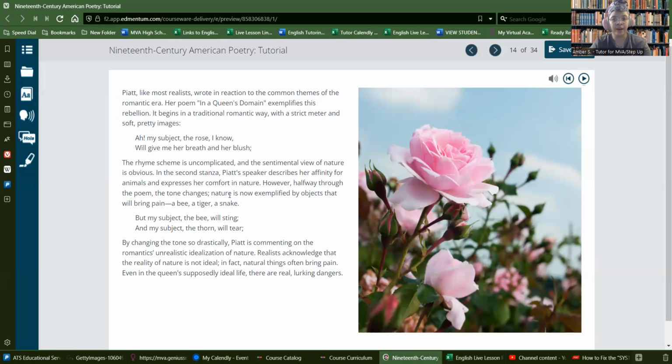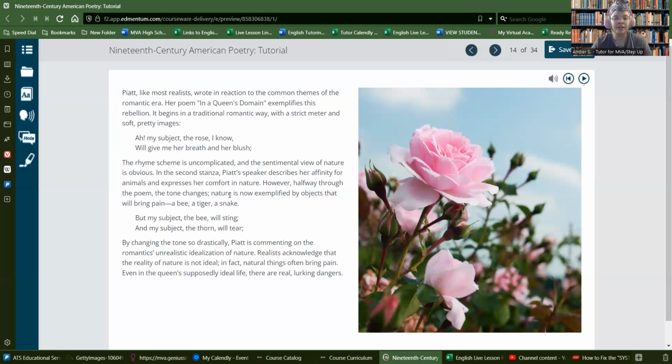She starts talking about tigers, snakes, thorns for flowers. So by changing the tone, she's basically giving you an idea of the difference between how someone will discuss nature and romanticism versus how it actually is when you're out there.